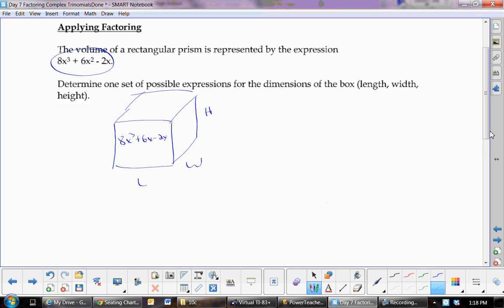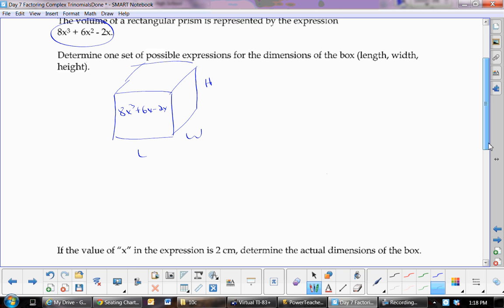Okay, now you can take out x, you can do better than that. So you got 2x times 4x squared plus 3x minus 1.